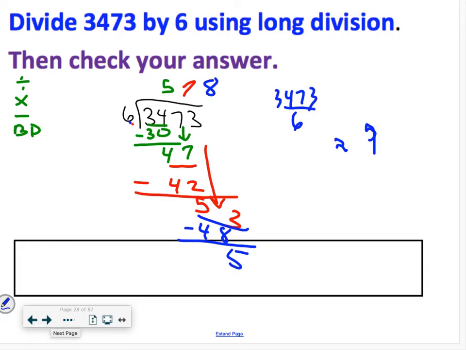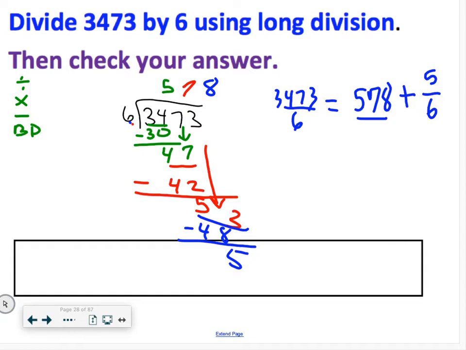Let's see if it'll work. Nope, still pretty bad. So this division equals 578 with a remainder of 5. So what we can do is we can say it's 578 and 5/6. So it's the quotient plus the remainder 5 divided by the divisor 6.